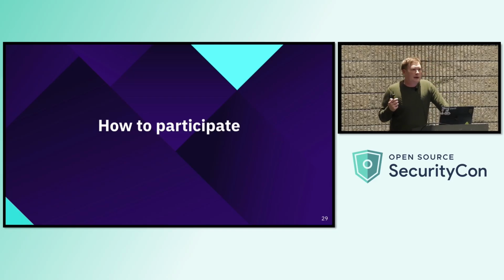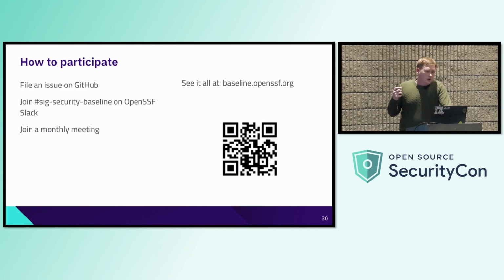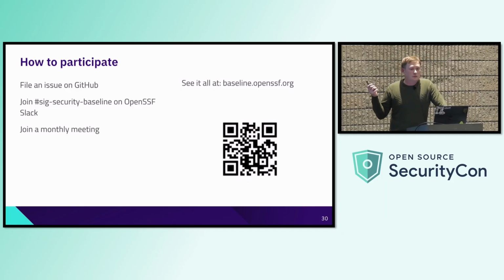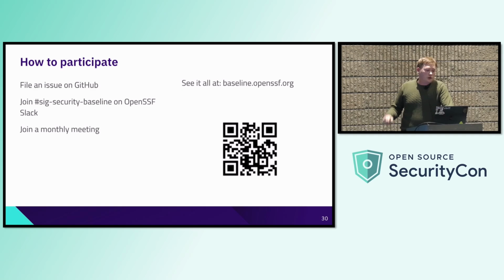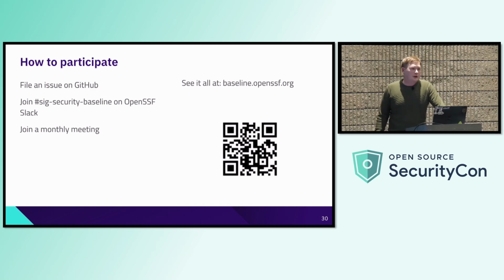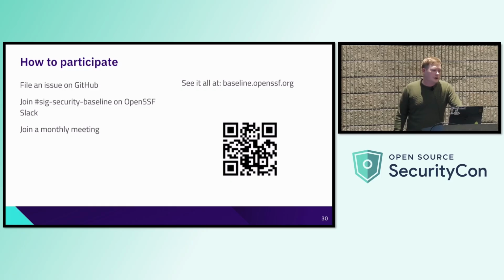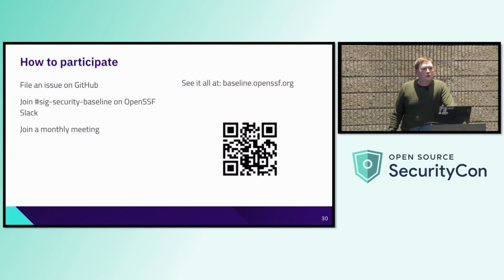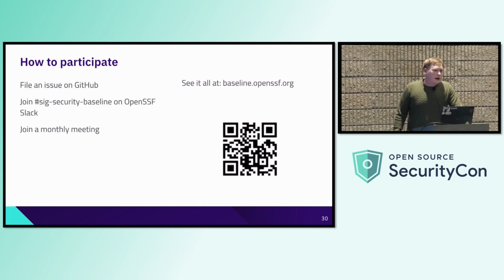So how do you participate in the baseline project? You can file an issue on GitHub. Like I said, we're an open source project. There is a channel on the OpenSSF Slack, SIG Security Baseline. We're happy to have conversations in there. It is open 24/7, unless Slack goes down or US East 1 has another outage. And we have monthly meetings.